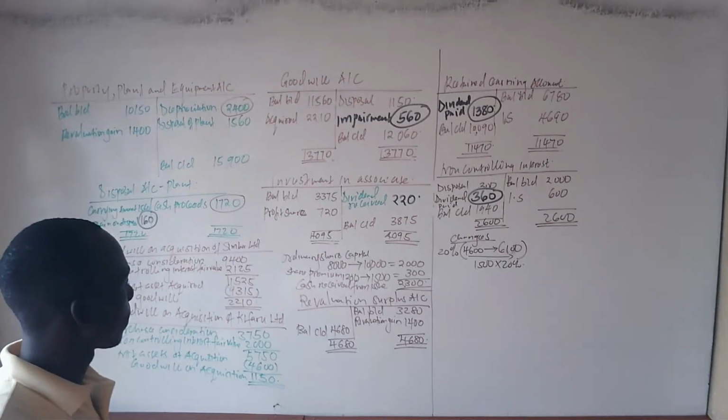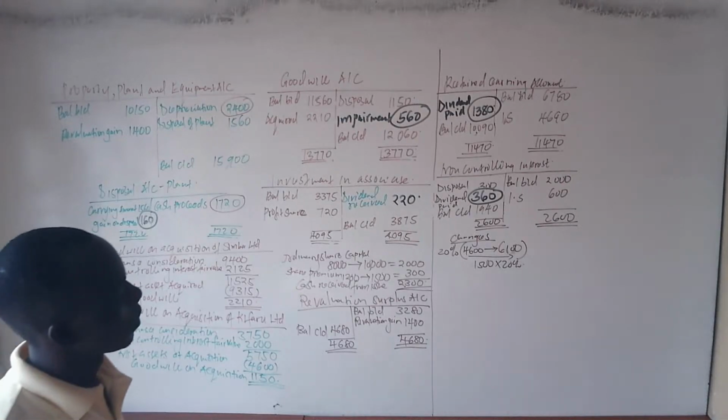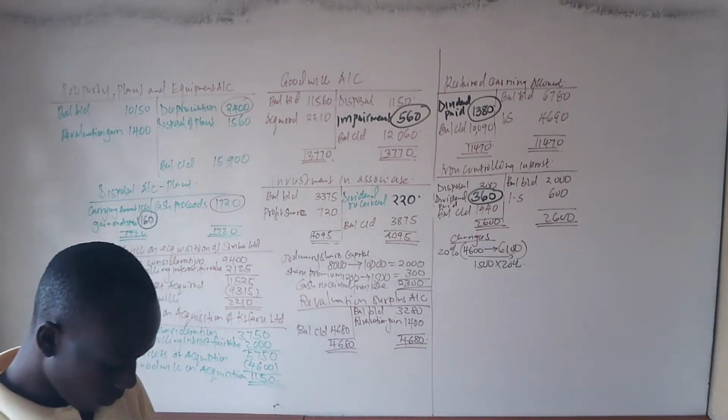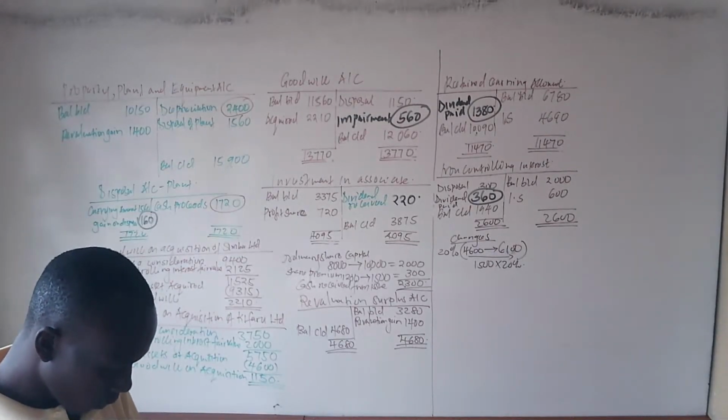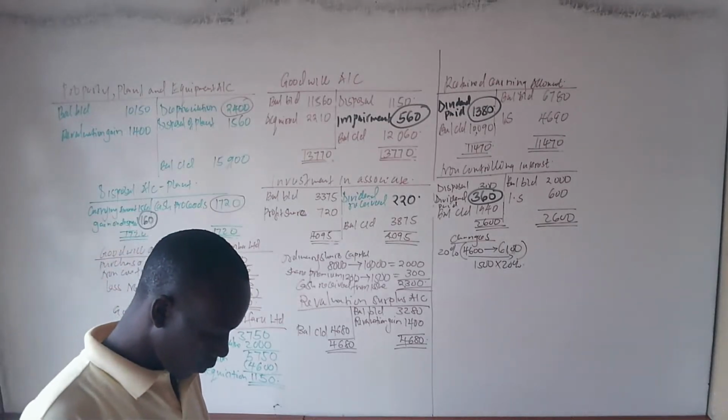Then from there, at disposal, do we have it at disposal? At disposal, it was 6,100. So at the date of disposal, the net assets of Kifaru carried in the consolidated statement of financial position as follows.